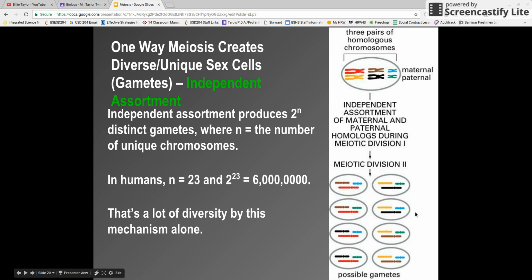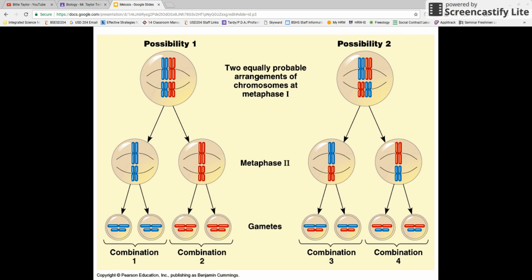We are going to look a little bit further here at how this diversity continues. So here's one possibility. We have 2 equally probable arrangements of chromosomes around metaphase I. Around metaphase II, we have several options again, and that's based on what probability we had during metaphase I. If it was like the one on the left where everything's homologous, or the one on the right where it's slightly scrambled up.